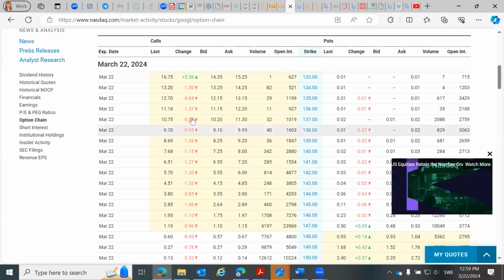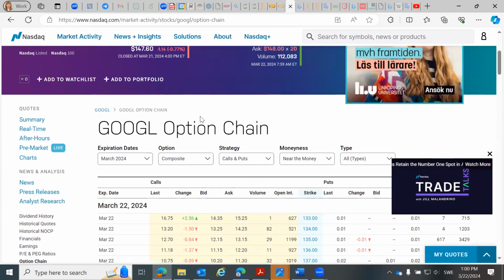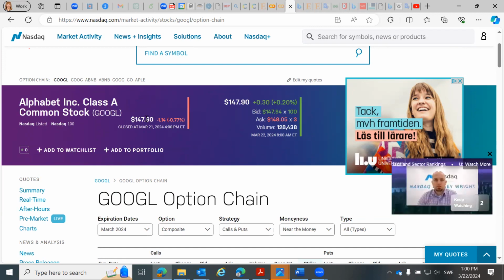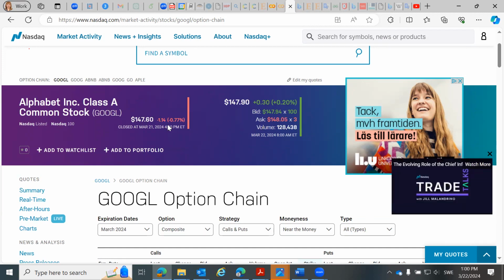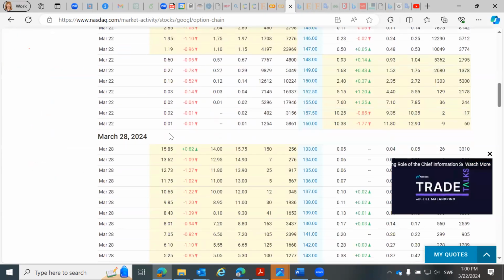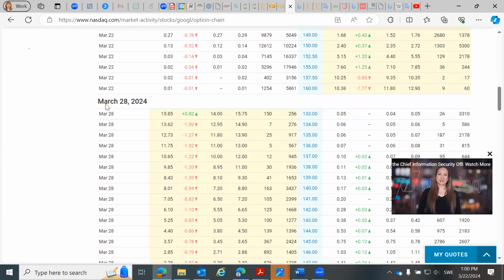So for example, today we have that the price of Google stock is 147.6. And for example, we choose the date March 28.